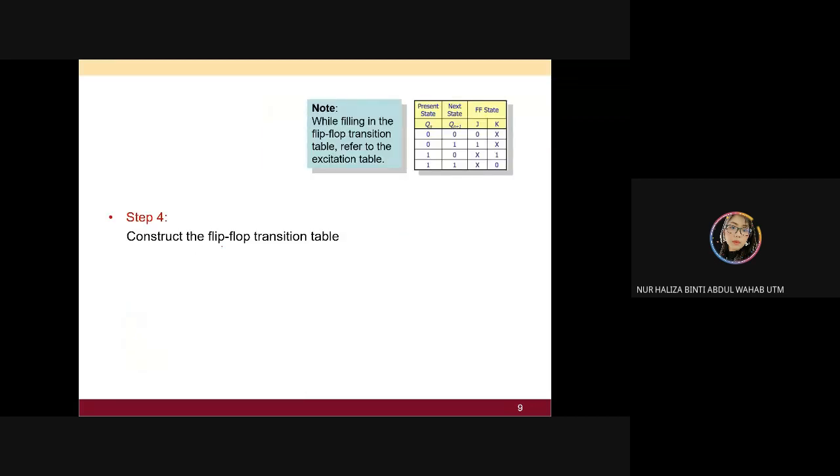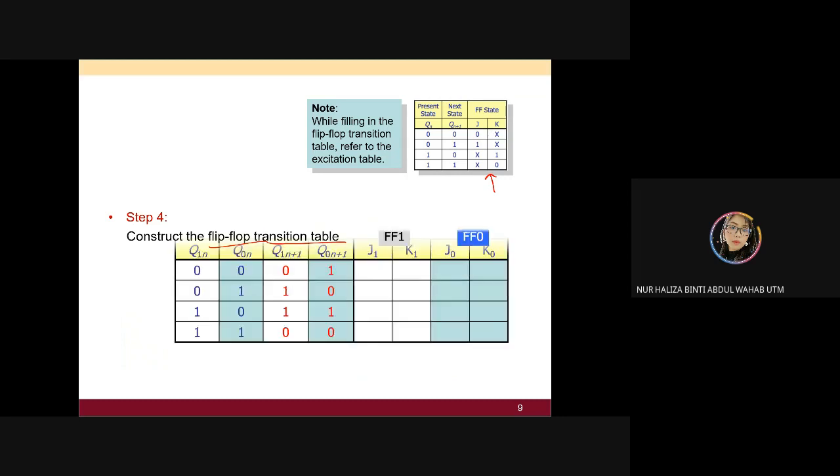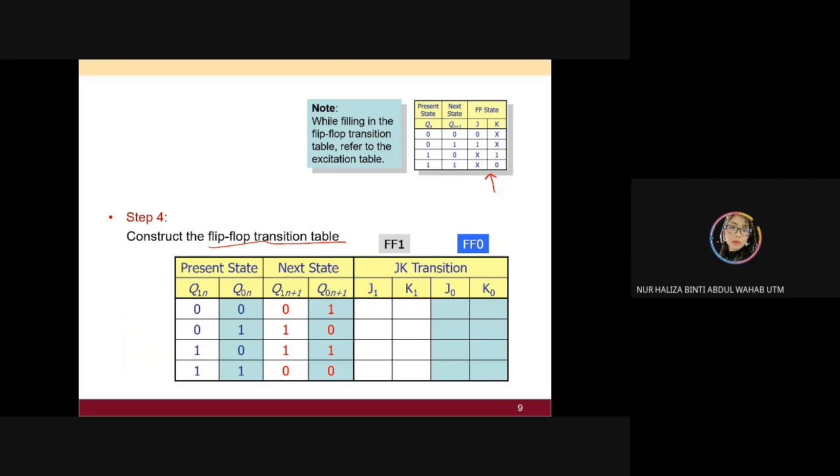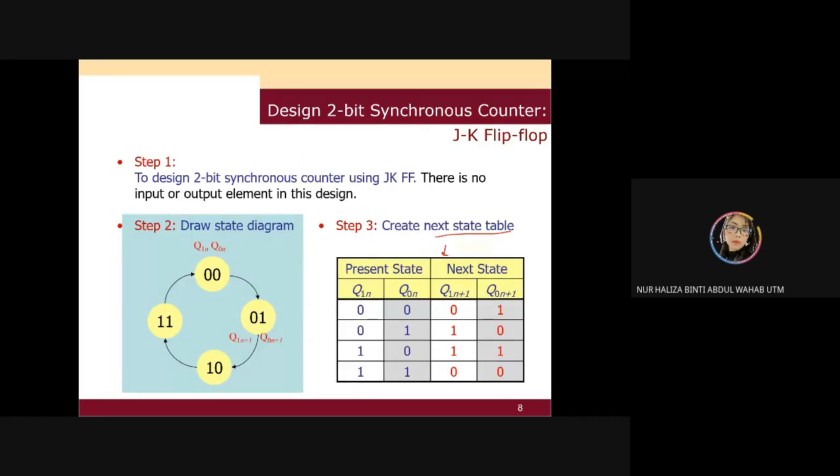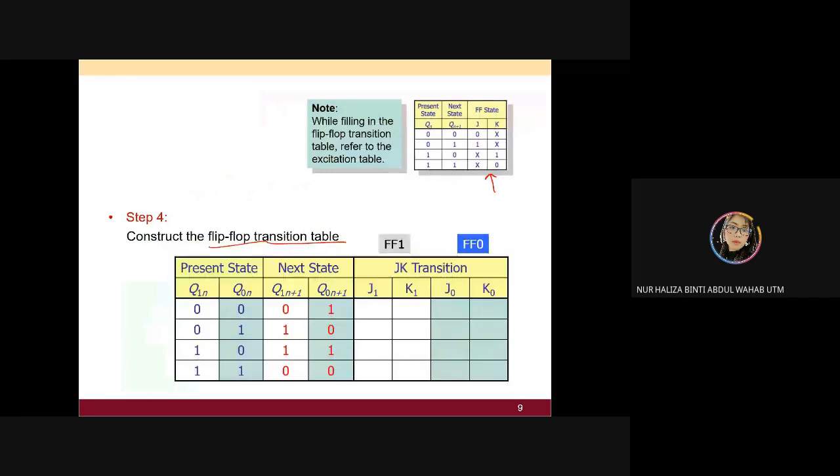Next, you need to construct the flip-flop transition table. How are you going to get it? This is the flip-flop transition table. You need to check what the conditions are throughout the JK condition. You know already, if you have 2 bits, you're going to have 2 JK flip-flops.